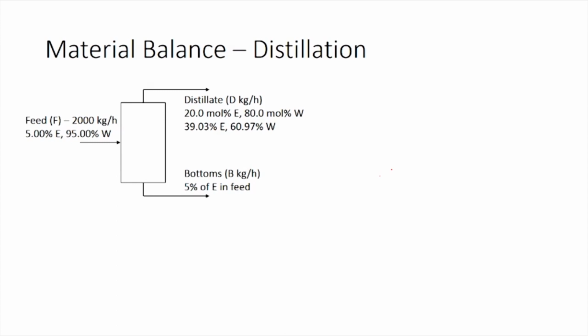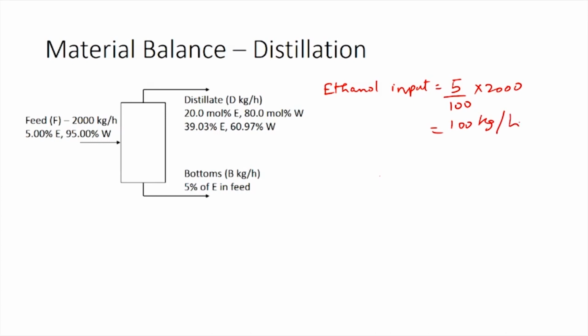So, we can calculate the amount of ethanol entering into the system as ethanol input is equal to 5% of 2000 kilograms, which is 100 kilograms per hour.